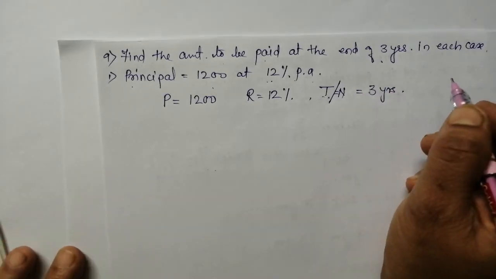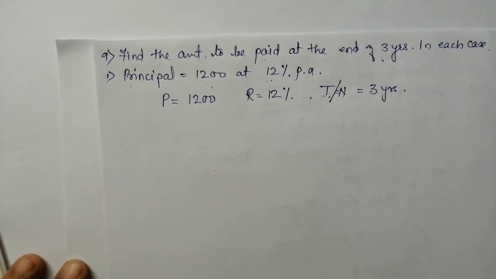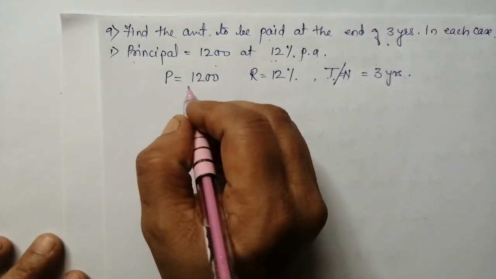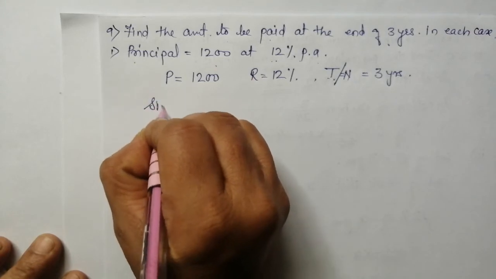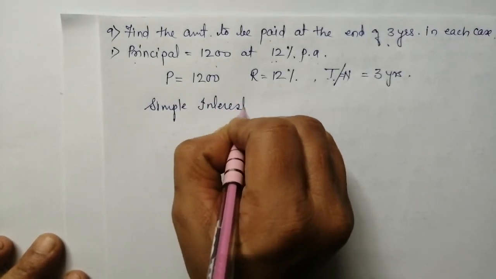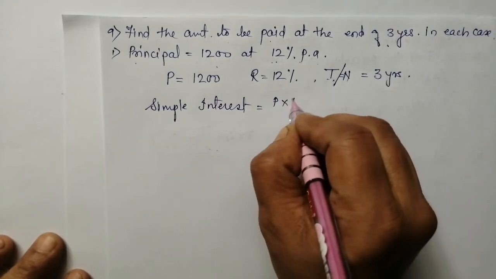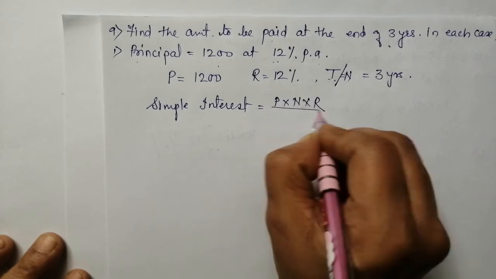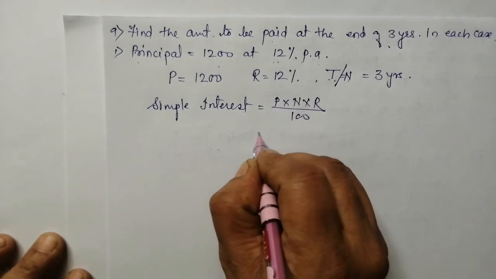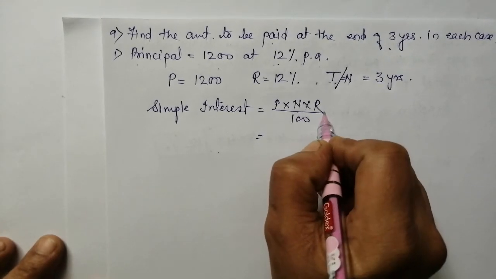Now here by using a simple formula you will be able to find it. Simple interest is equal to P multiplied by N multiplied by R divided by 100. P is the principal, N is the time, that is T, and R is the rate.